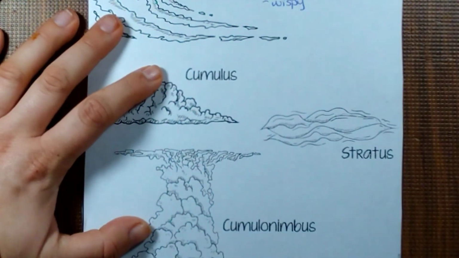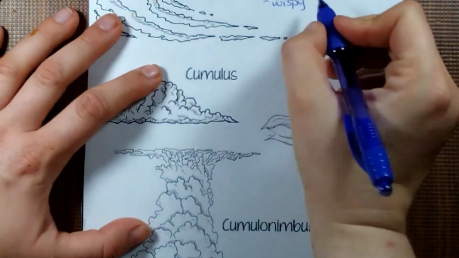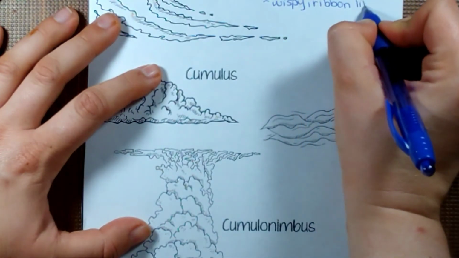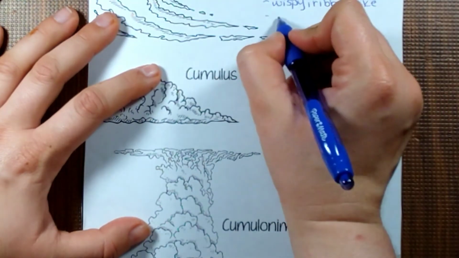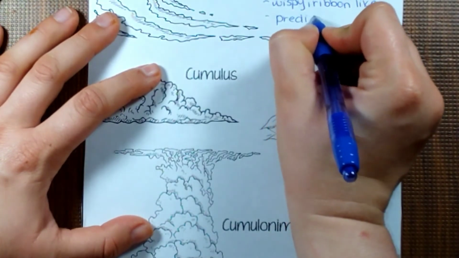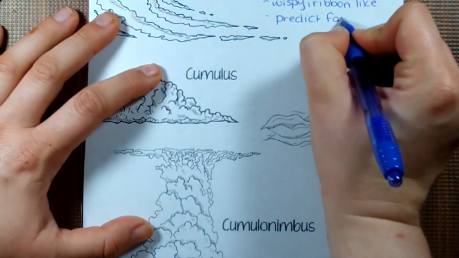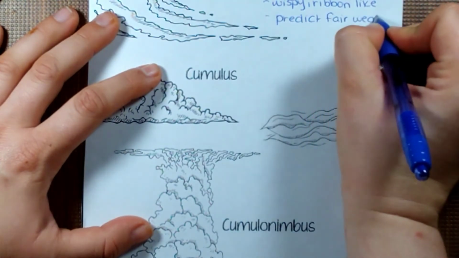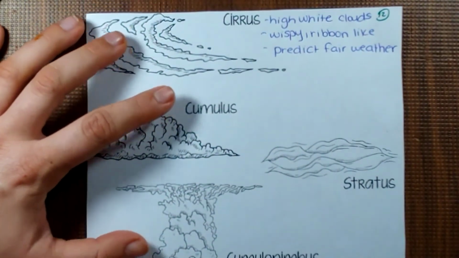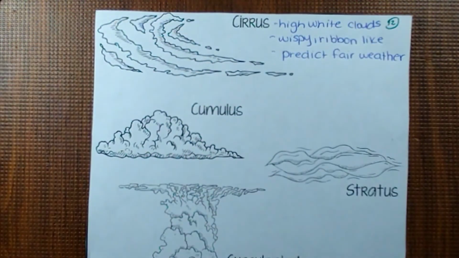Wispy and ribbon-like. And they predict fair weather, good weather. So if you see these clouds, and they're high in the atmosphere, white, wispy, ribbon-like, they predict fair weather.